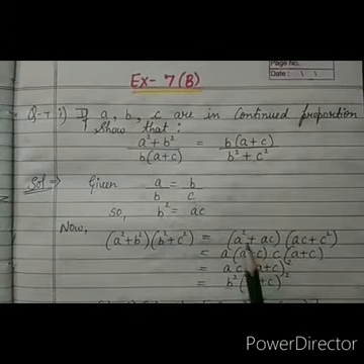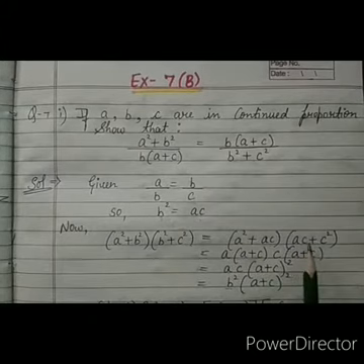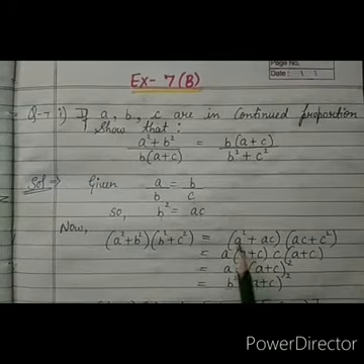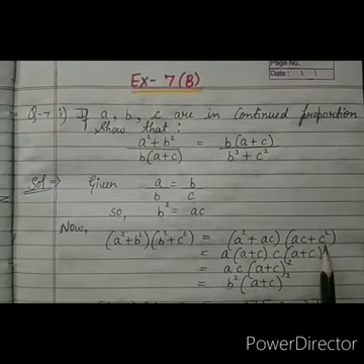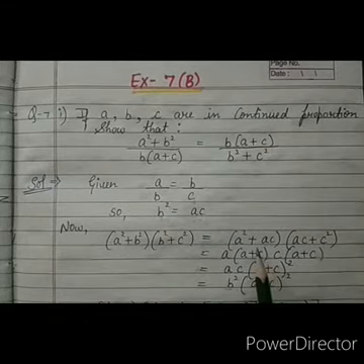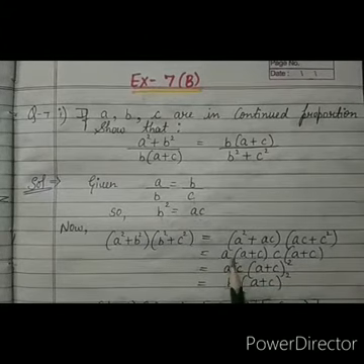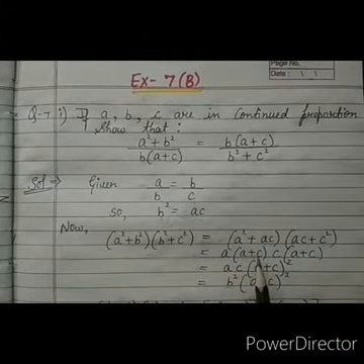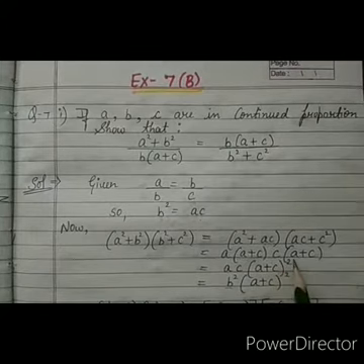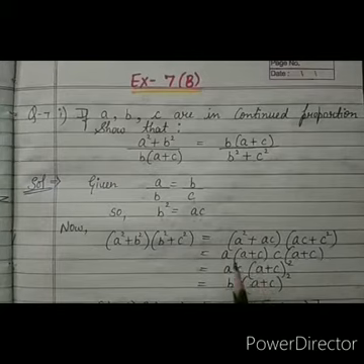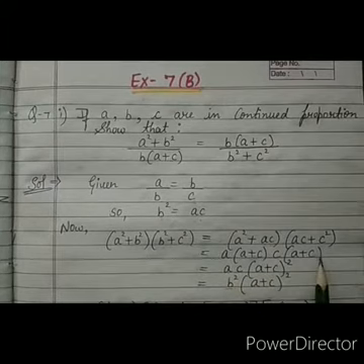Now from both the brackets we can take A common from the first bracket and C common from the second bracket. So after taking out common, we have A in the first bracket (A plus C), then C in the second bracket (A plus C). Now when we again solve it, then we will get AC and (A plus C) multiplied by (A plus C), then we will get (A plus C) whole square.